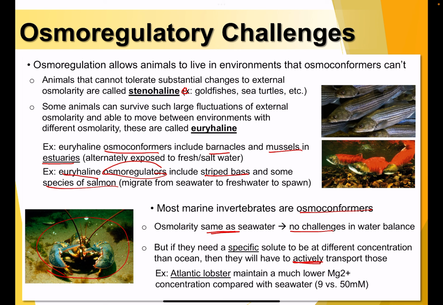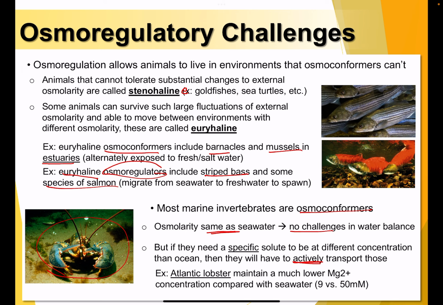They like about 9 millimolar, whereas seawater has about 50 millimolar of magnesium. So even though they don't have to deal with all the other ion and water concentrations, they have to deal with the magnesium that they want at a lower concentration.